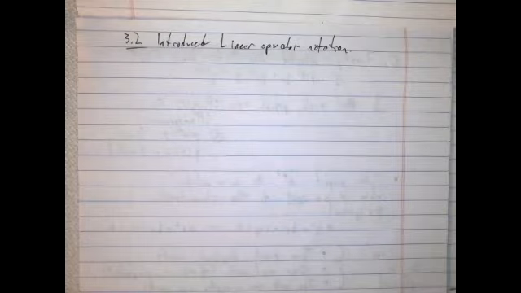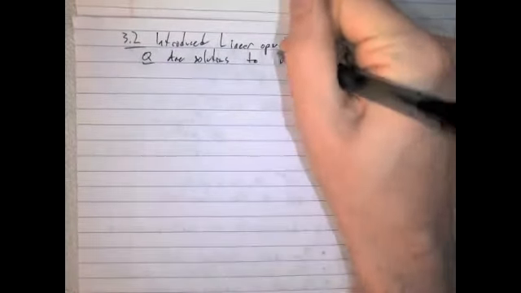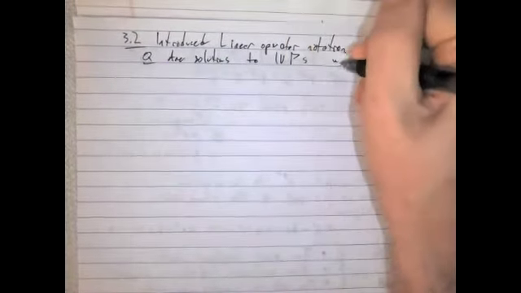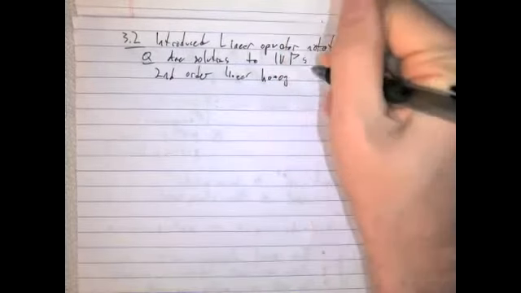When can we find, like, maybe I'll write some questions. Are solutions to IVPs with first or second order linear homogeneous differential equations unique? Do they exist?